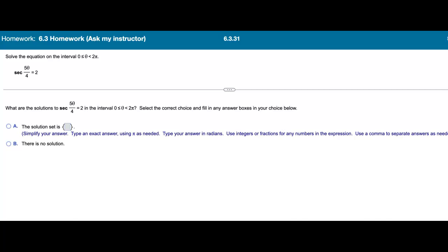So I would look at this first as being the secant of some angle, we'll call it x, is equal to 2. And then think back to my unit circle. In the unit circle, we learn the sine and cosine of these basic angles, and one that we should recall is that the cosine of 60 degrees is equal to 1/2.